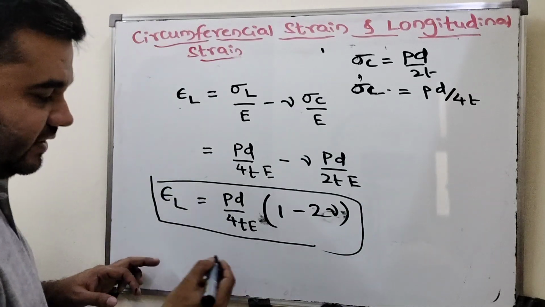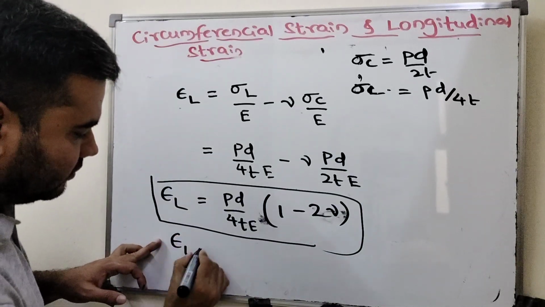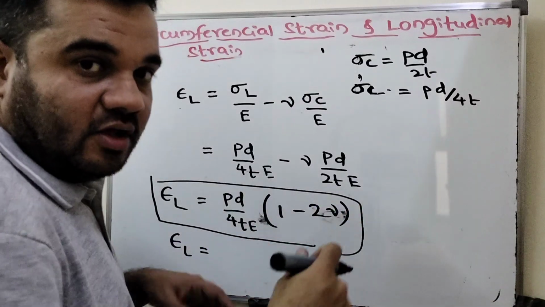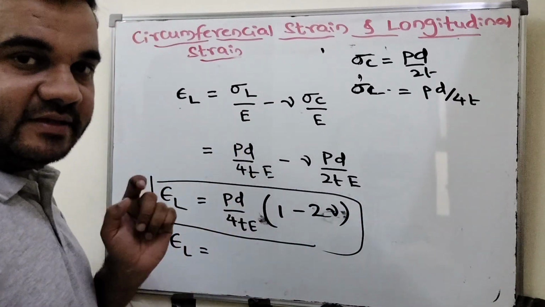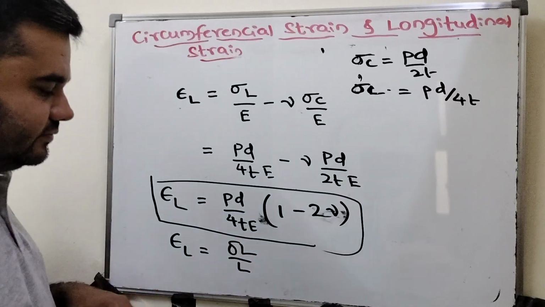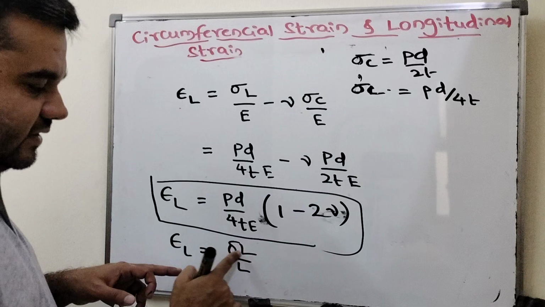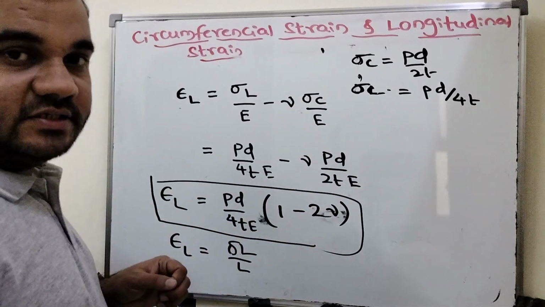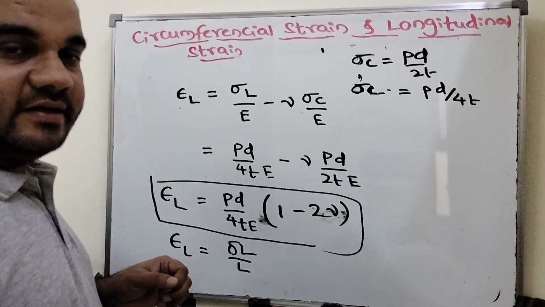Now one more equation. We also know that longitudinal strain equals change in length along the length. Before it was diameter, circumference; now it is length. That is change in length divided by original length. From this equation we can find the change in length of the cylinder.